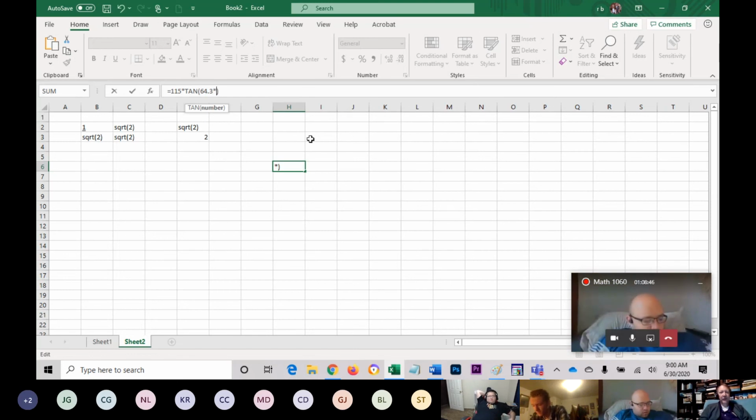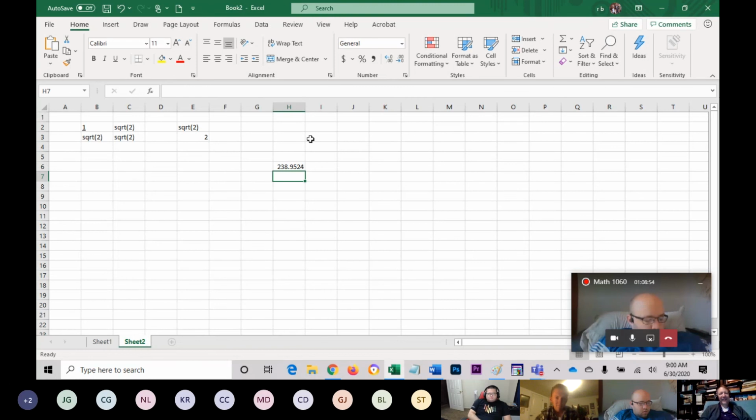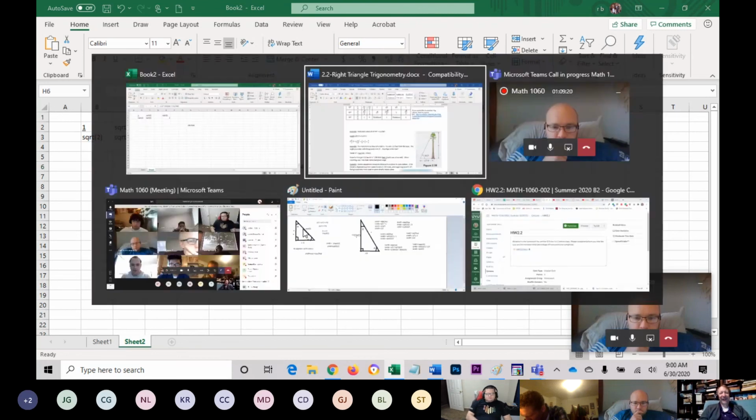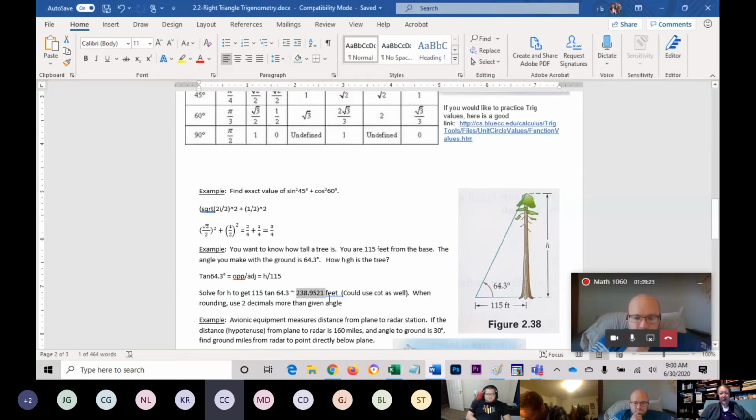Exactly right. If I multiply it by pi and divide by 180, then I get 238 feet. So the moral of the story is, with most of your calculators, make sure you know whether you're in radians or degrees. And Excel, which is a really fancy calculator, expects your information in radians, otherwise you'll get a very tall tree.